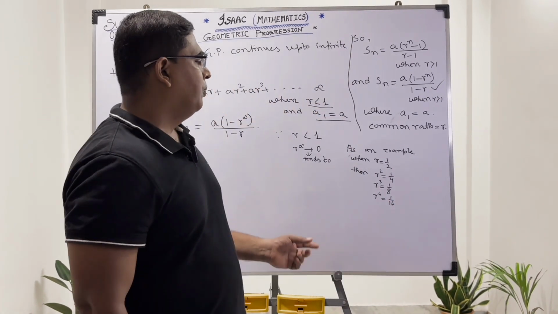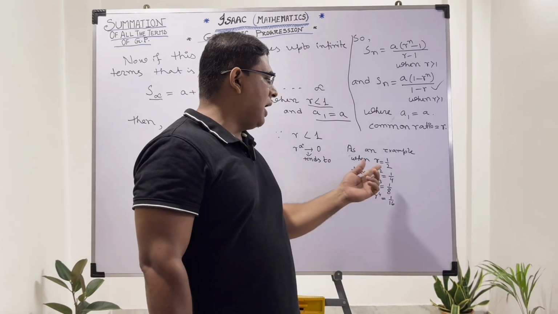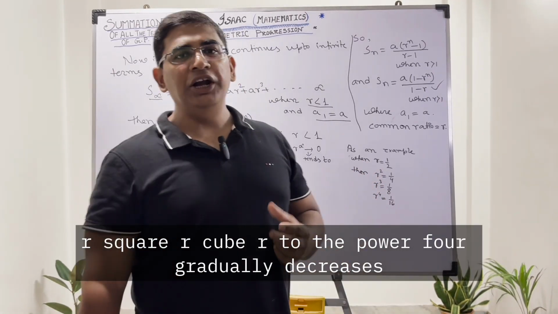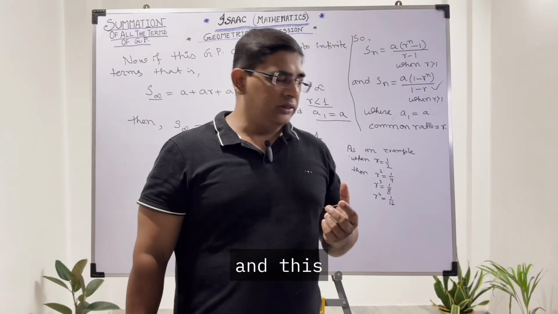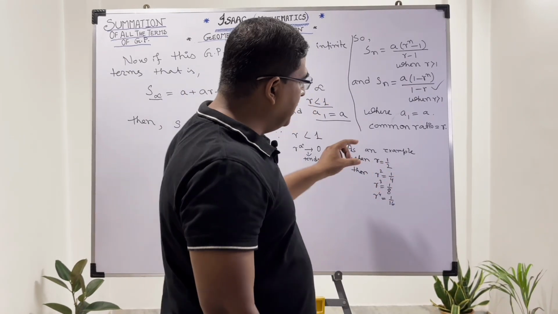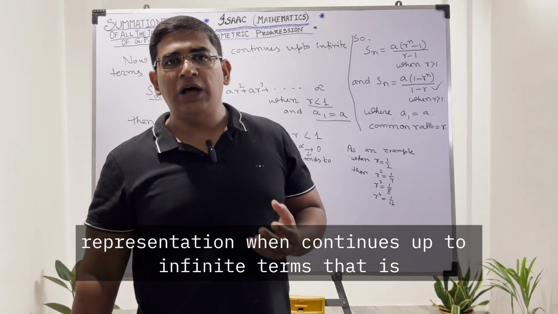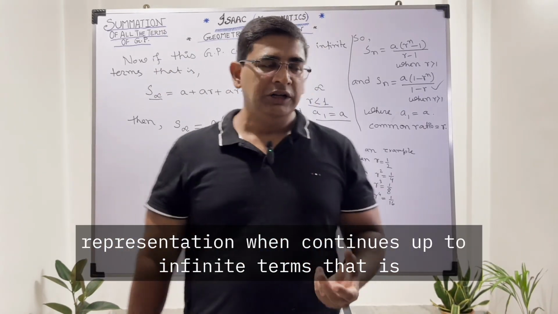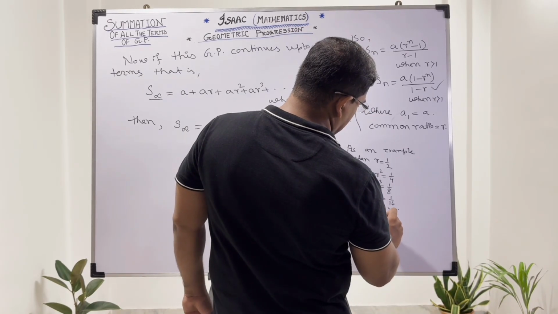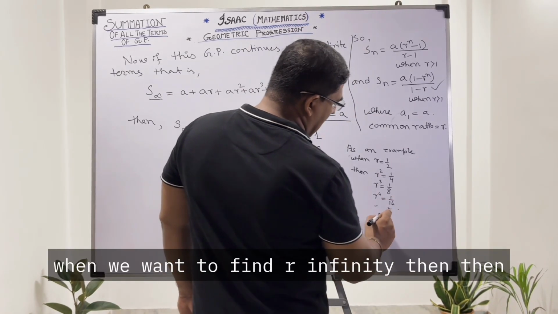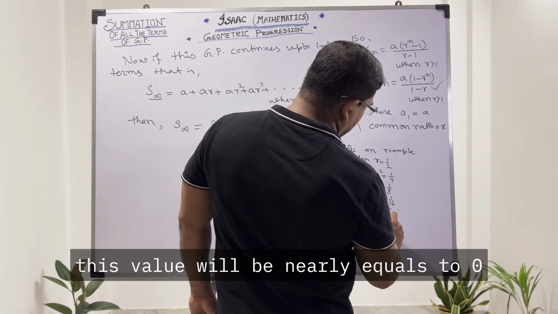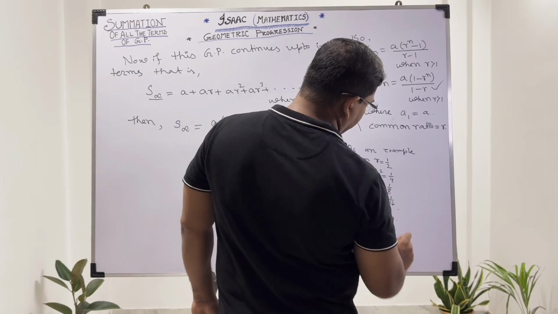That is, the value of r square, r cube, r to the power 4 gradually decreases, and when this representation continues up to infinite terms, that is, when we want to find r to the power infinity, then this value will be nearly equal to 0.